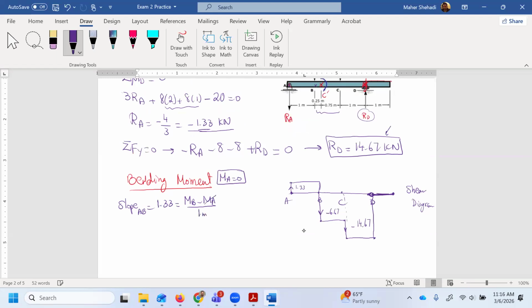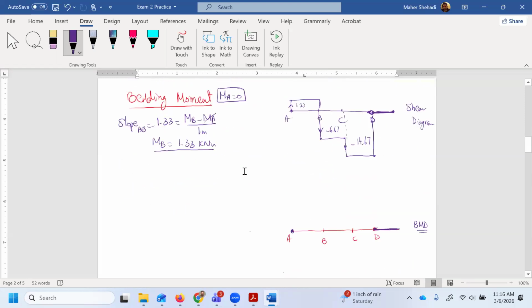MA is 0, so this goes away, therefore MB, the moment at point B, is 1.33 kilonewton meter. So let's say it's here, 1.33.